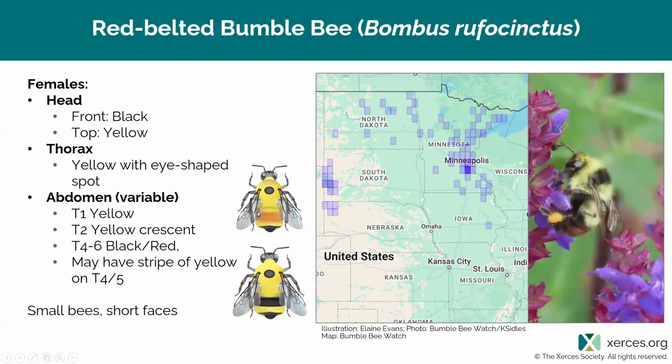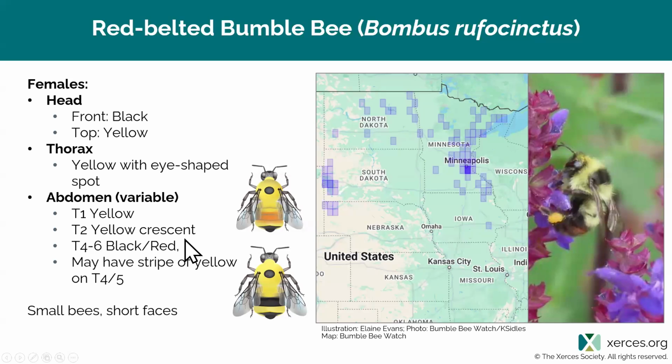T3 or parts of T3 and then T4 through 6 can be black or red or a combination of black and red. And then for some individuals, you may also see a stripe of yellow hairs on T4 and T5 or just on T4. So very variable in their color patterns on the abdomen.